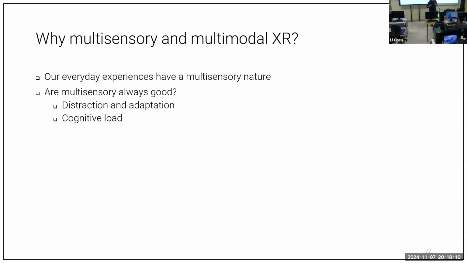And also, if you introduce multisensory feedback, you have to pay attention to a certain theory, that is cognitive load. So it's about how people can use their cognitive capabilities to process the sensory stimulations. Right?